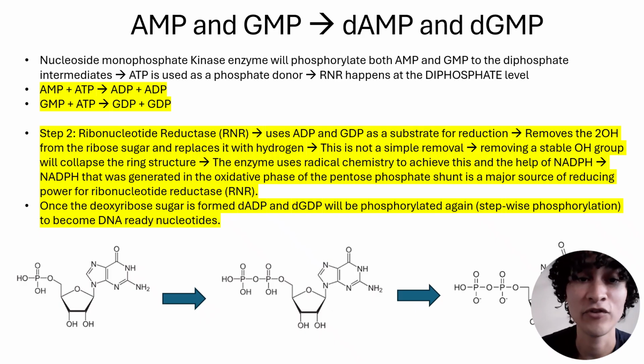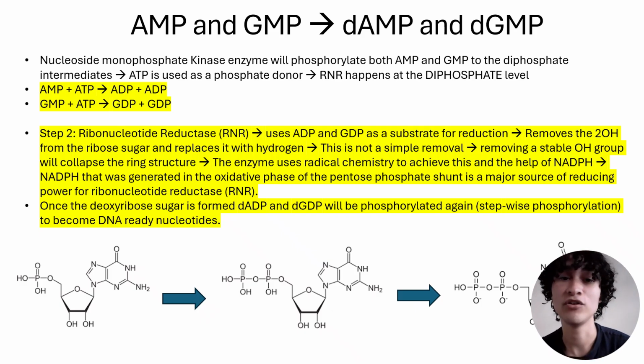So ATP is used as a phosphate donor, but it's also a readily reversible reaction, because if the buildup gets too much, then the enzymes can transfer those phosphate groups from your GDP back to your GMP and vice versa. So you have AMP plus ATP gives you ADP plus ADP, and that phosphate can be transferred as and when, depending on the buildup of your monophosphate or your diphosphate.